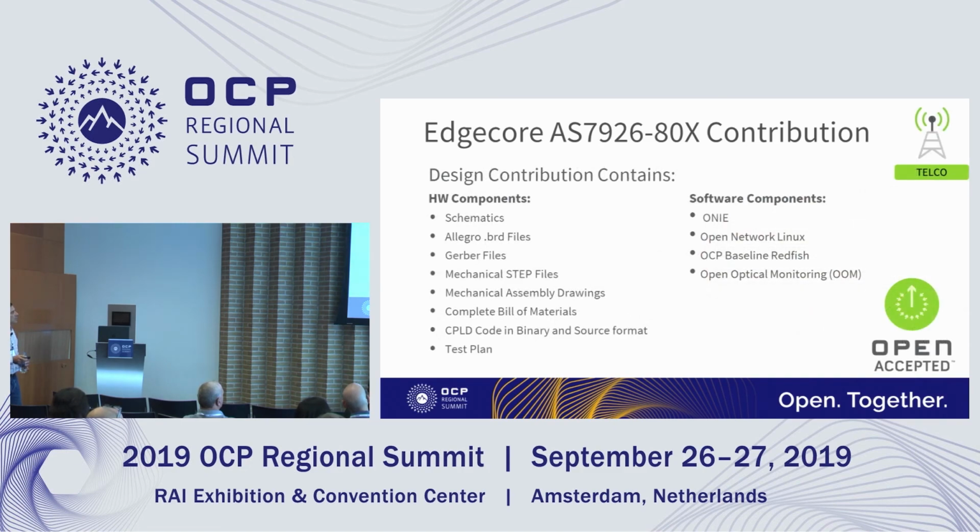This is much like the previous submission, includes all of the same hardware files and all of the same software components that are open source and is part of the contribution. Again, this is the 80 port design. The 40 port design can be obtained from this same architecture just by removing the top daughter card and redoing the sheet metal for lesser RU.